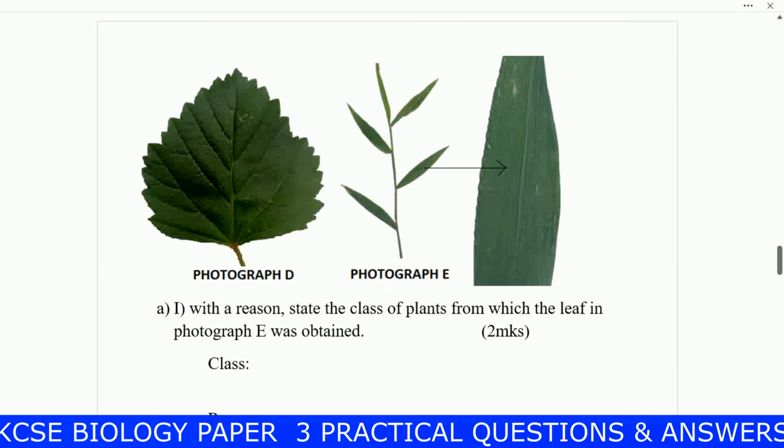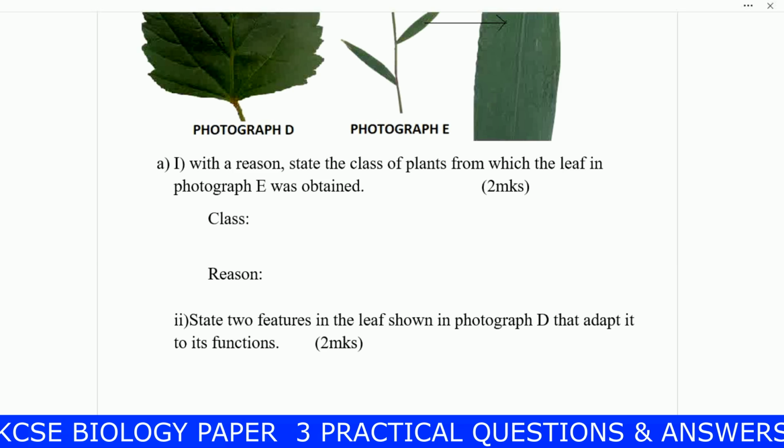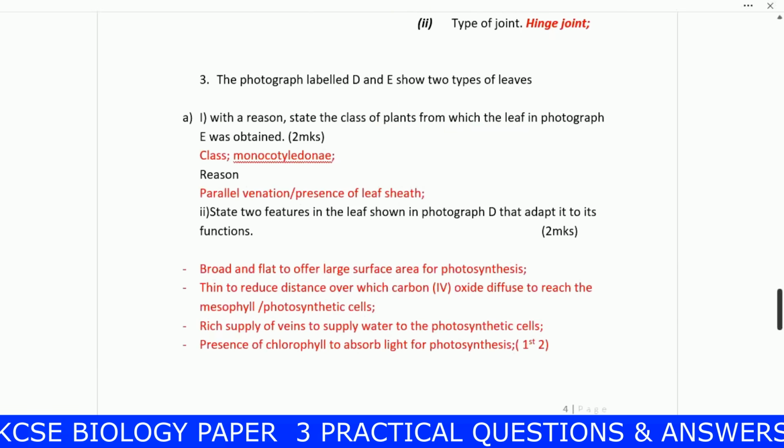E was obtained from a monocotyledon. The reason is parallel venation or presence of a leaf sheath.